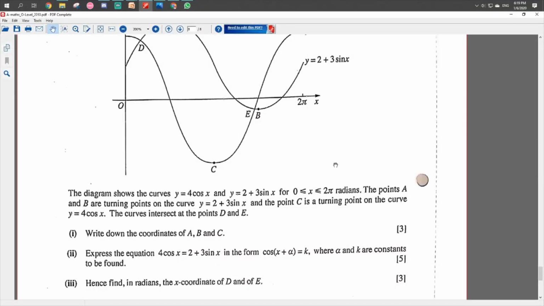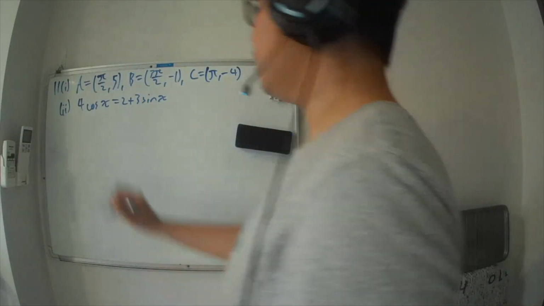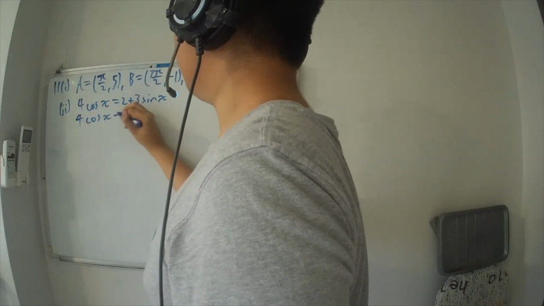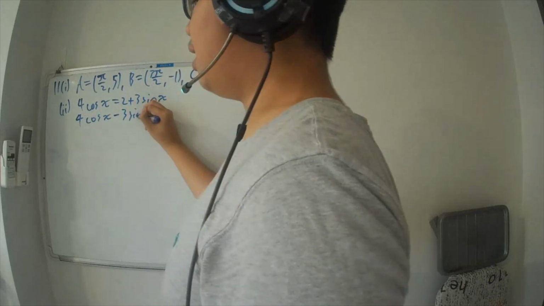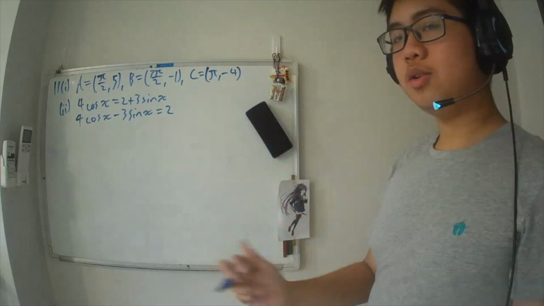Okay, so part 2, express the equation 4 cosine x equals 2 plus 3 sine x in the form cosine (x plus α) equals k, where α and k are constants to be found. So this is kind of like your R formula, but the R in this case is 1. So let's get the form for R formula first. 4 cosine x minus 3 sine x is equal to 2, right? So now we can use our R formula.